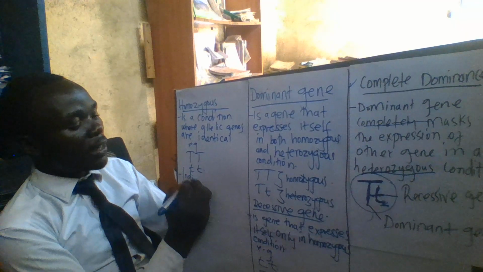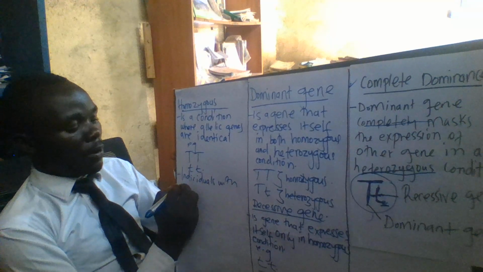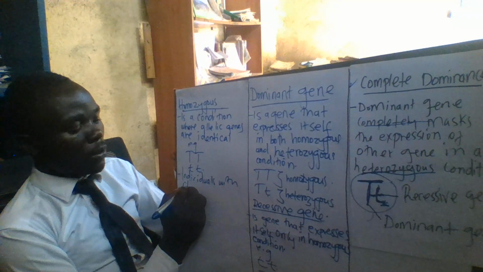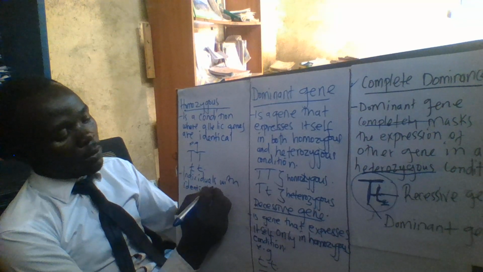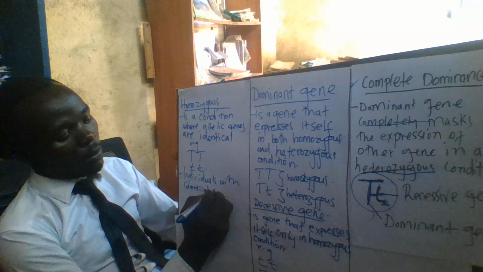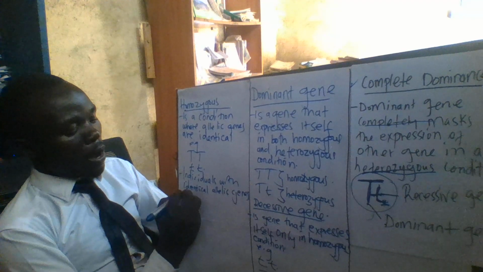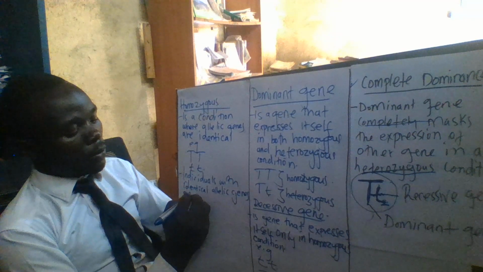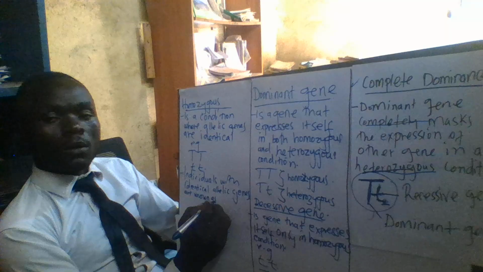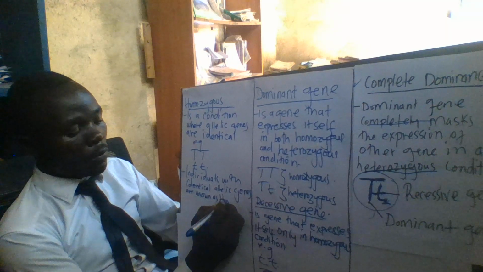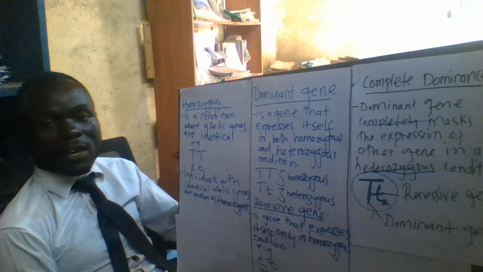In short, individuals with identical allelic genes are known as homozygotes.